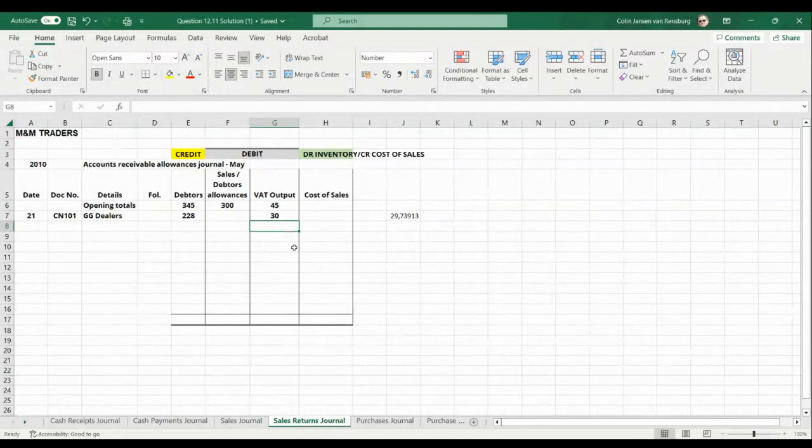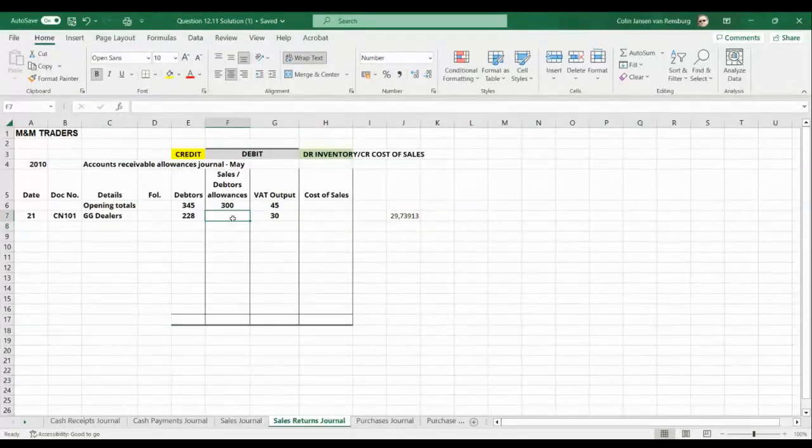So now in this journal, we are debiting the value added tax output, right? So that means that 30 rands here, once we post over the totals, is going to reduce the output VAT by 30 rand. Because we've made a lesser sale than we thought, we also need to pay over less value added tax.